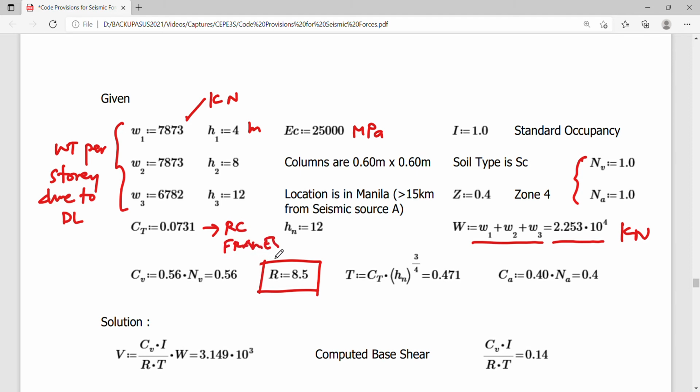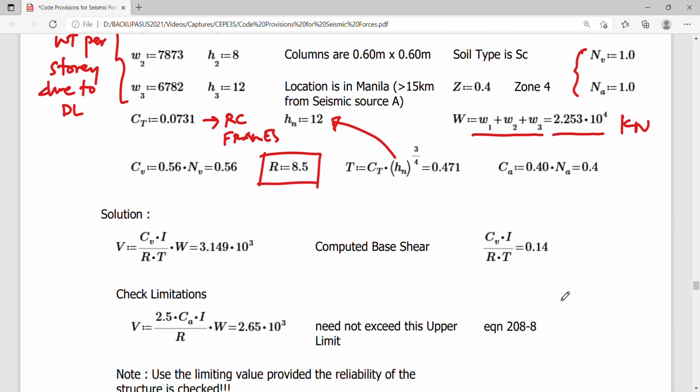And of course HN is simply the total height of the structure. So these values here are actually computed automatically by MathCAD. If you know MathCAD, you can simply plug in the given values and then these are automatically computed.